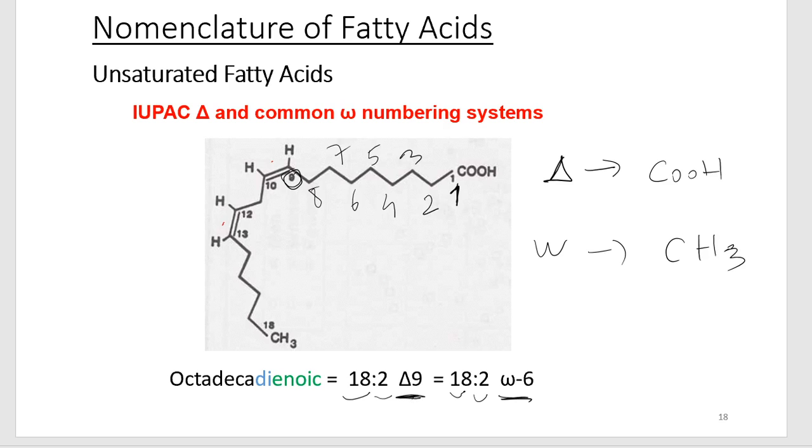If we start counting from the methyl end, it will be like this: 1, 2, 3, 4, 5, and 6. We have double bonds here, so we stop.